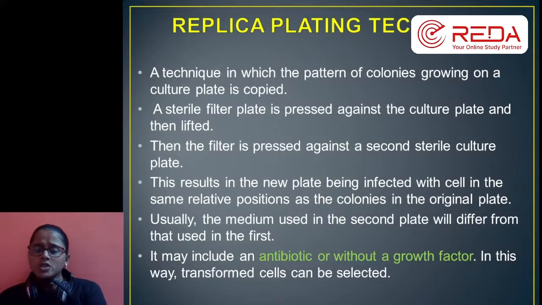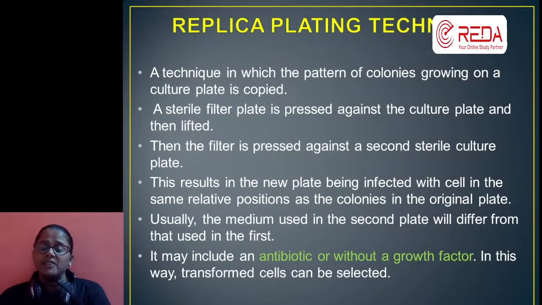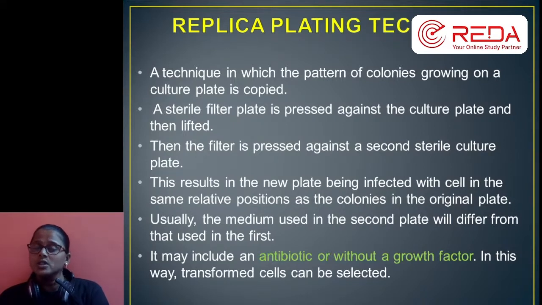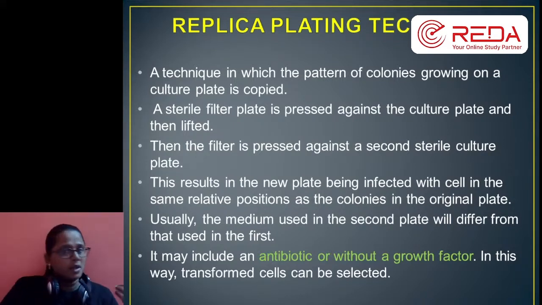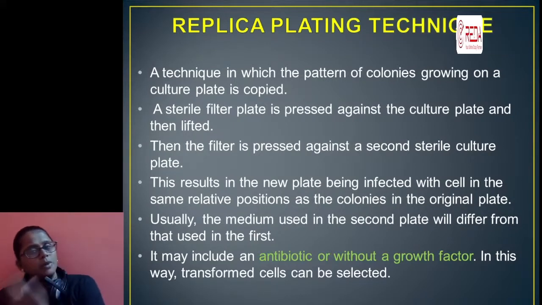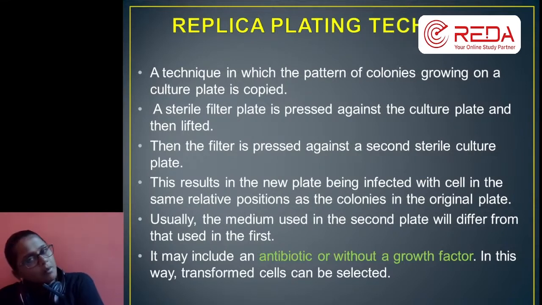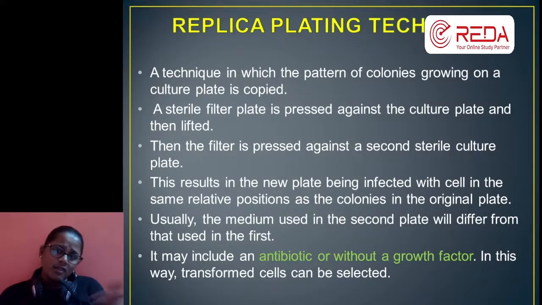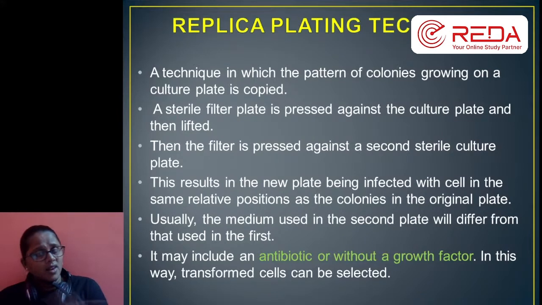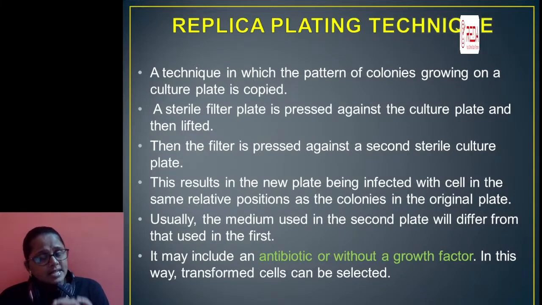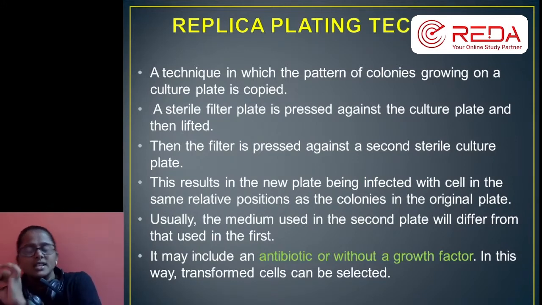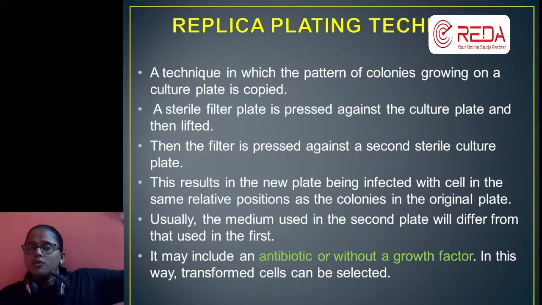Then usually the medium used in the second plate will differ from the one used in the first plate. That may be a medium containing ampicillin in one and kanamycin in the other. What grows on one may not grow on the other. From this you will conclude that the cells which do not show growth in the second replica plate will contain the quality of the first medium.